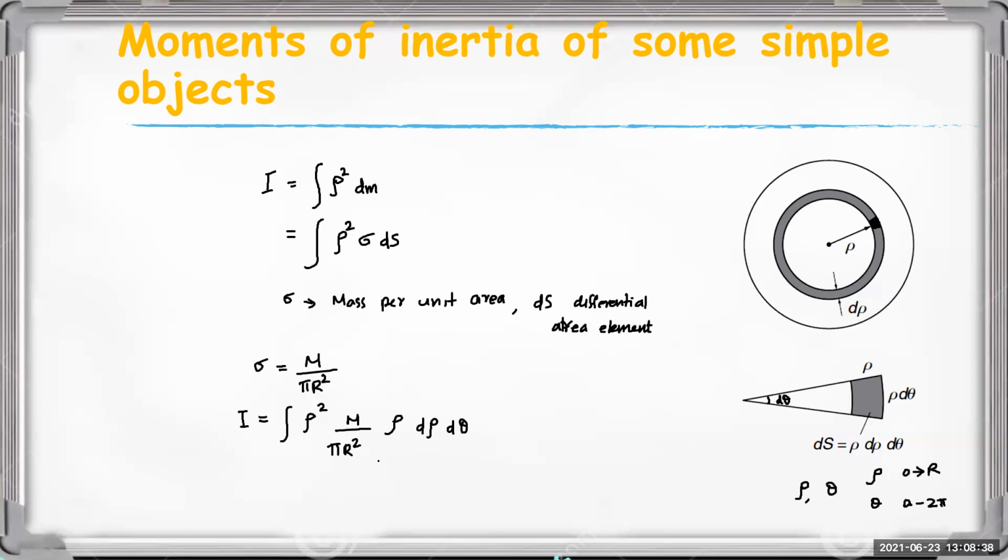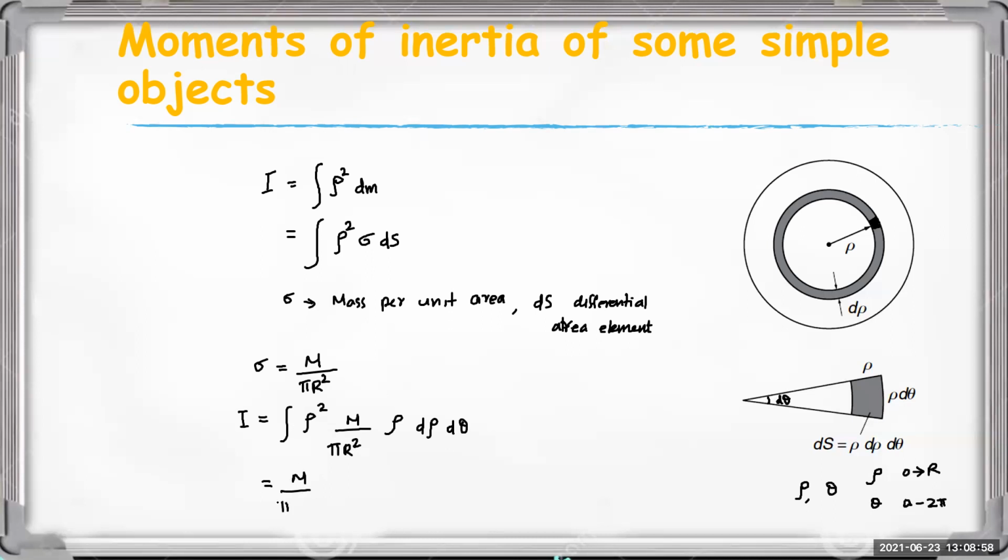Here there are two integrals, so we separate the integrals, then we give the limits. Before that I take m by pi R square outside.